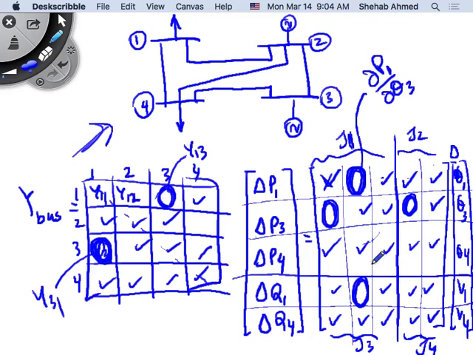You can also do the same from the Jacobian matrix. If I give you the Jacobian matrix and tell you to construct a system, here the additional thing is you can also identify what the buses are. Because if you're given this, you know which variables you have and which you don't, so what knowns and unknowns you have at the specific bus.